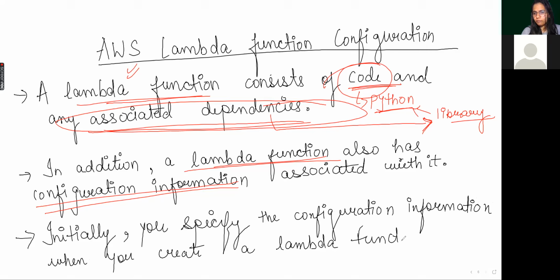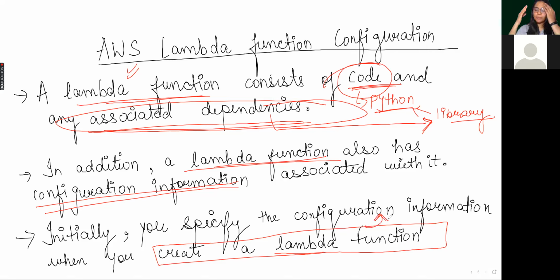So once you start creating a Lambda function, okay, you go and say, I want to create a Lambda function. At that time only, you have to set the configuration information also. Like what type of Lambda function you want, what services you want to enable, how much trigger time it should take, all the information is required to be set while you are creating a Lambda function.